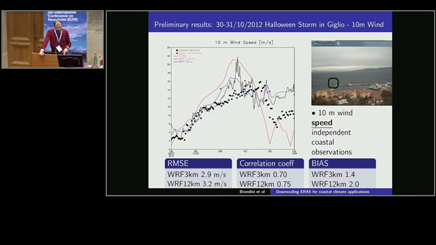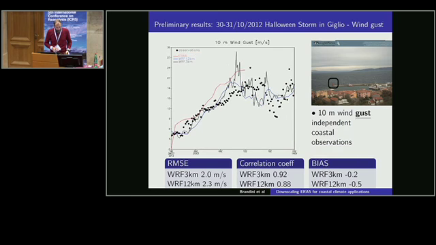And we have some statistical skill scores that show marginal improvement of the higher resolution WRF model, for example, for the root mean square error, even if we have a reduction of the correlation coefficient.